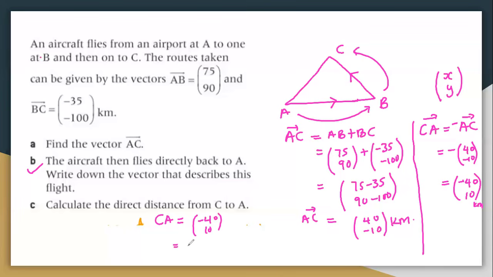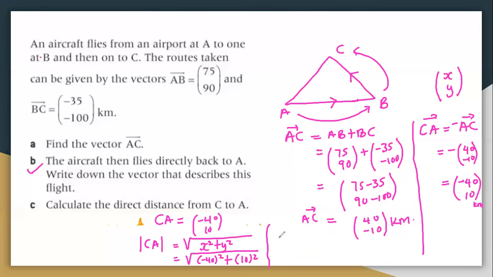So we put the formula as the square root of x squared plus y squared. And we note that our x is negative 40 squared plus 10 squared.